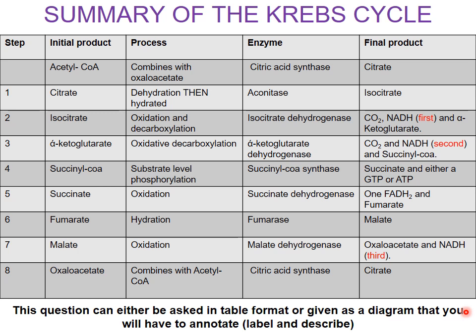Note, very importantly, the number of electron carriers that are produced, how many carbon dioxides are produced, and how much ATP is produced at each step, because that will be important in the overall summary of cellular respiration, and we will get to that in a moment.